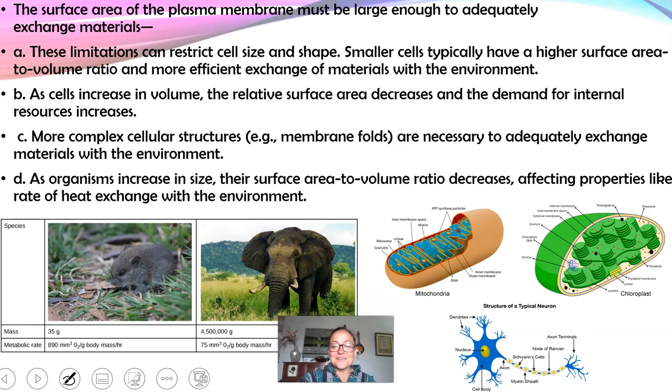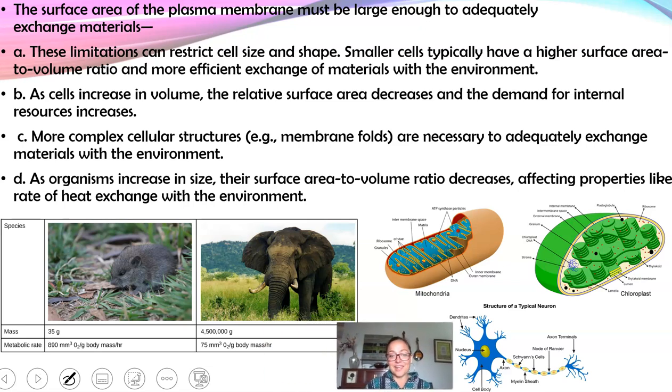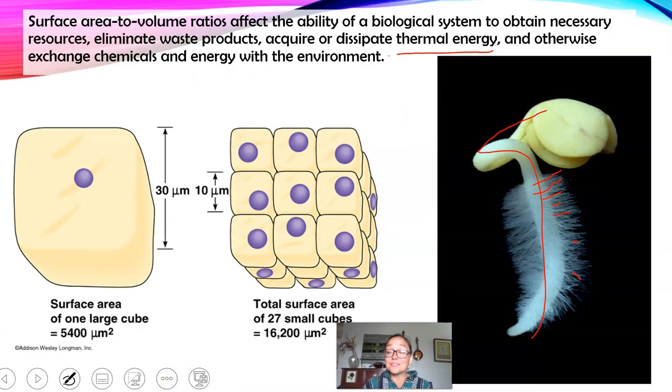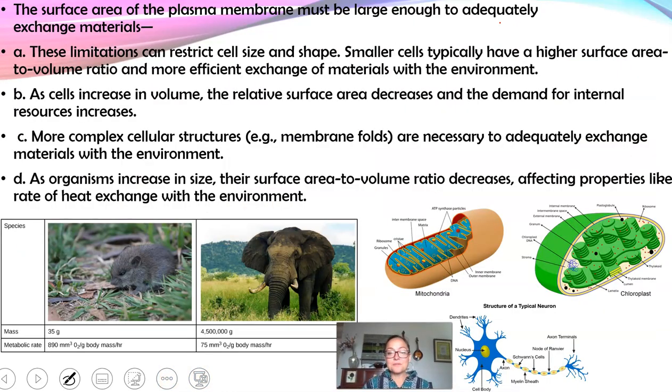Okay, but then the other part of the standard that I thought was beautiful that I underlined over here, where it says thermal energy, what we're talking about here is metabolism in organisms. We as mammals are endotherms, and endotherms maintain a constant body temperature.